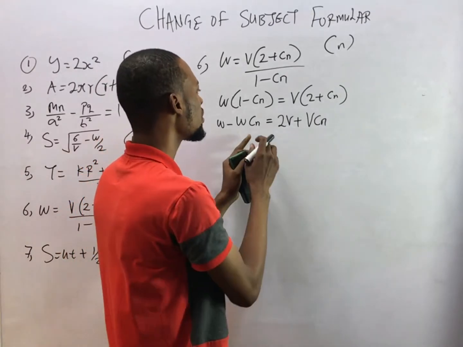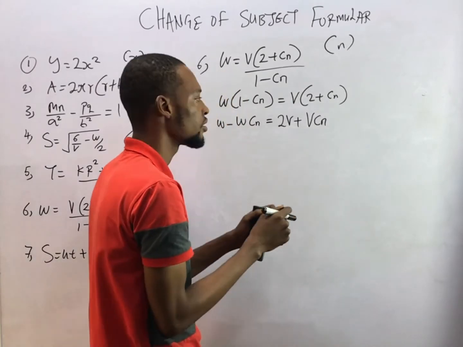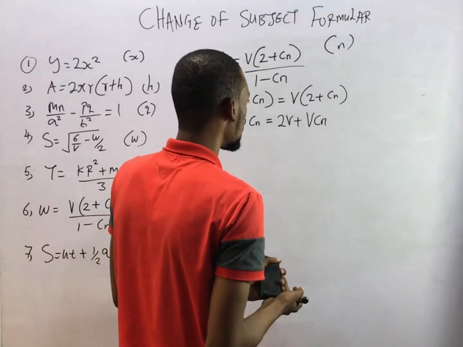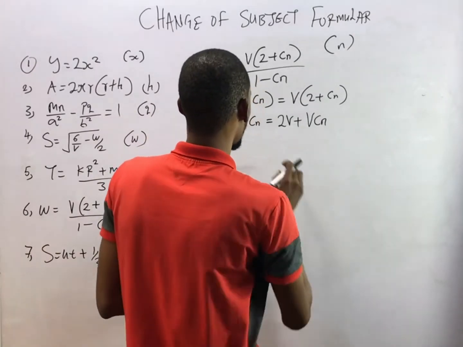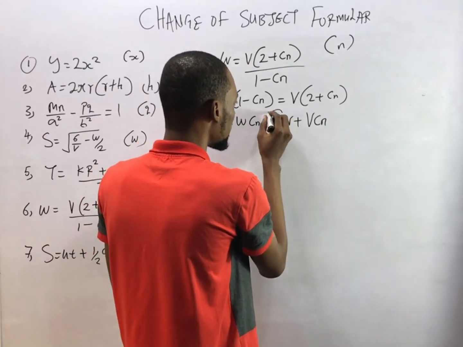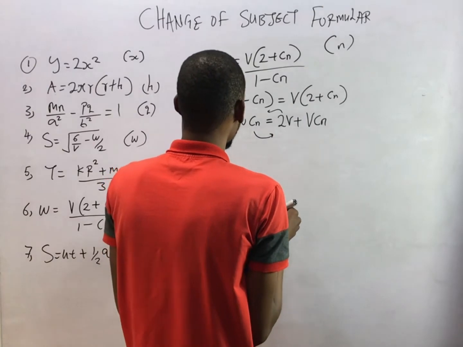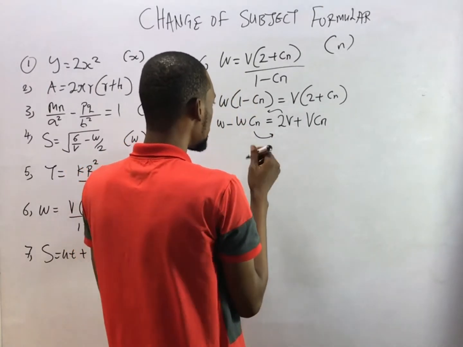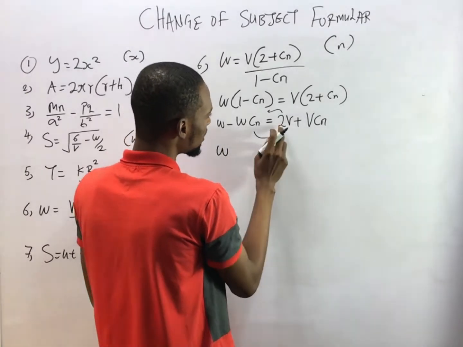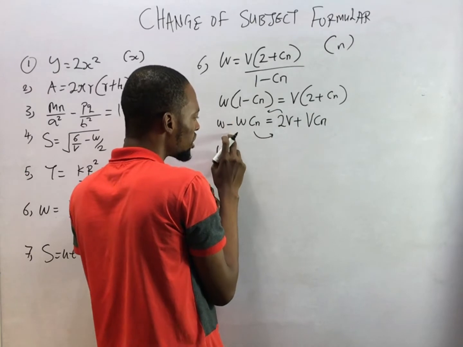Similarly, if we are making C subject formula, we'll still do the same thing. Bring the ones that have C together and take the other side away. So how do we go about this? I can choose to take this one here or to bring this one there. So if I'm doing this, this is W. Then this is 2V. It's positive here, so I'll bring it here to come and meet this one.